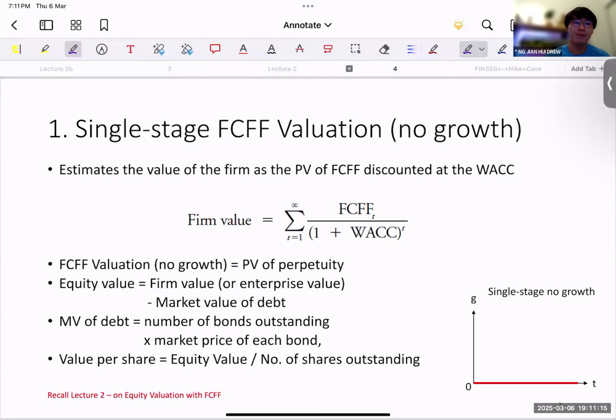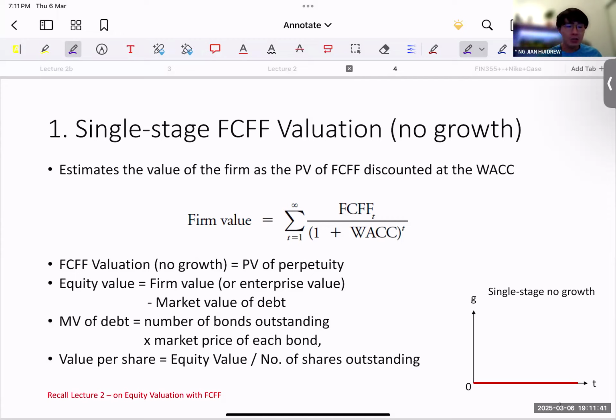So we will cover these three key models for each of the valuation techniques. You might find it a bit repetitive, but bear with me. I will try to highlight the subtle differences, so that as you are doing your assessments, you are very careful on these subtle differences.